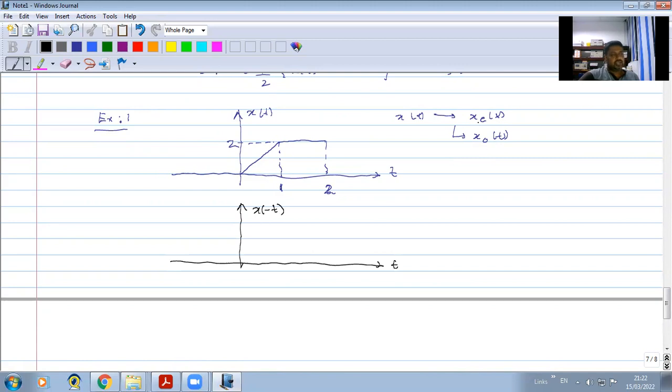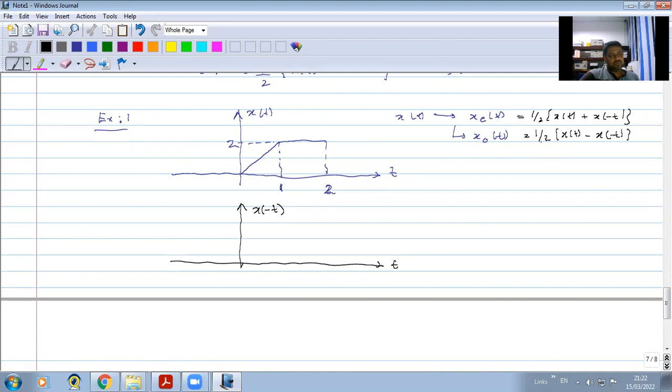You know that the even part of x(t) can be evaluated through half of x(t) plus x(-t), and the odd part you can evaluate through half of x(t) minus x(-t).